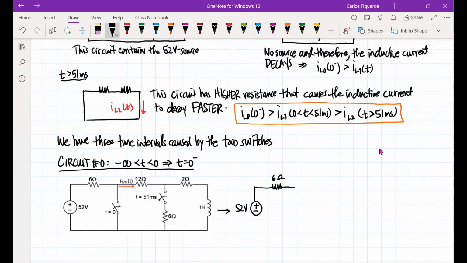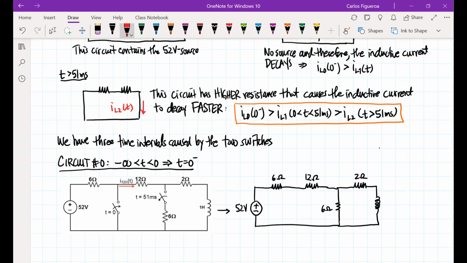There's a 6 ohm here, and then I have a 12 ohm right here, and then my 6 ohm right here, and then this resistor. And of course, I have my inductor. So here's my 6 ohm, here's a 2 ohm. Our goal here is this current IL1 between 0 and 51 milliseconds.